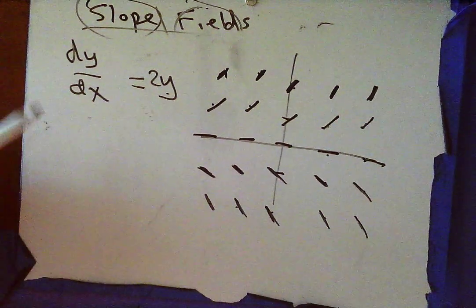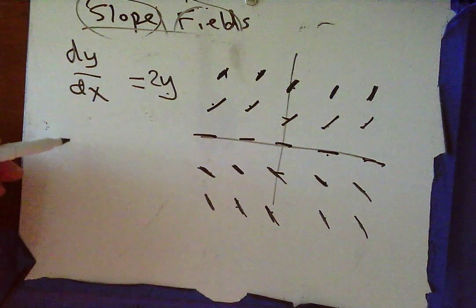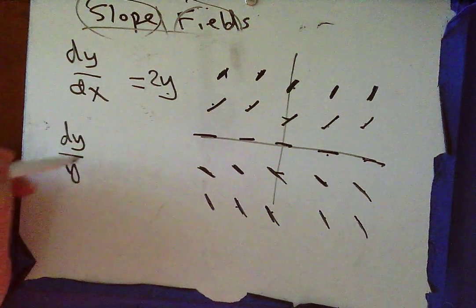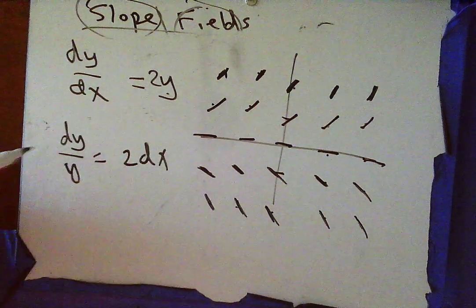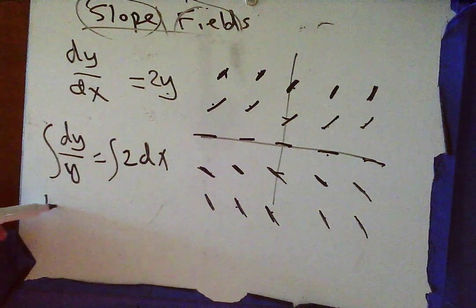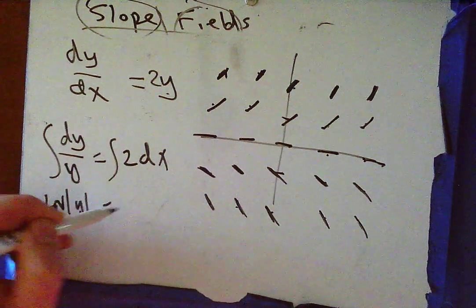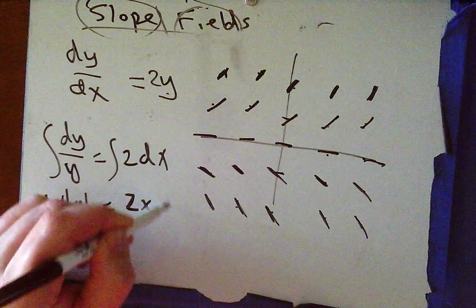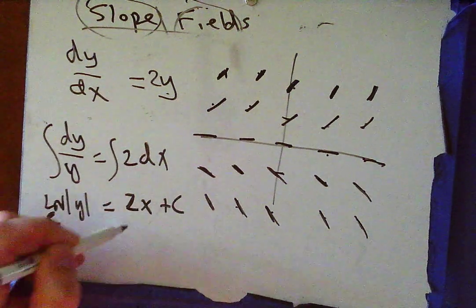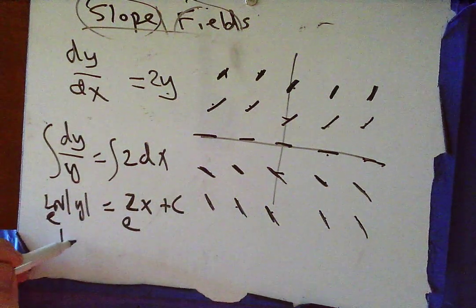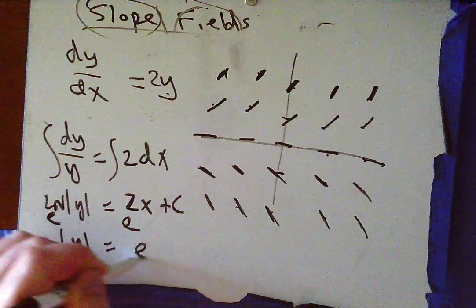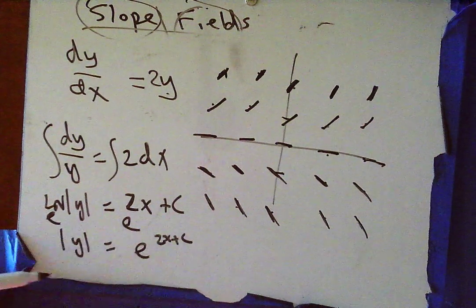So, remember what we'd be looking at here, okay? We solved this differential equation in a previous video. We said that dy over y equals 2dx, and we integrated. That gave us ln of y equals 2x plus c. We exponentiated. We had absolute y equals e to the 2x plus c.